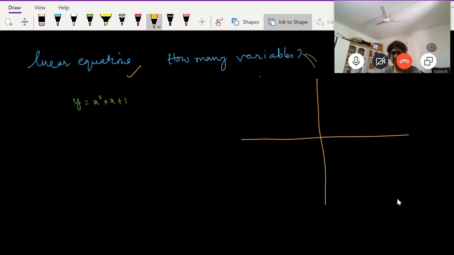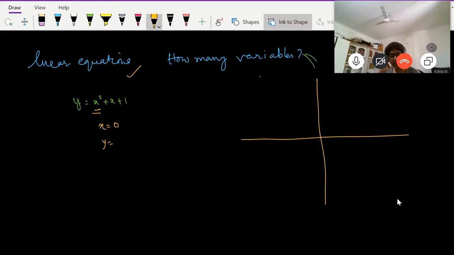It will be a straight line. Never, it's a square. So as I said, always put x equal to 0 first, whatever graph is given. So if x is equal to 0, y is how much?